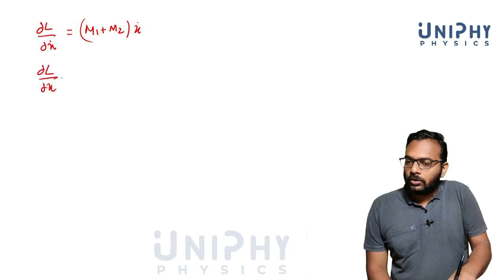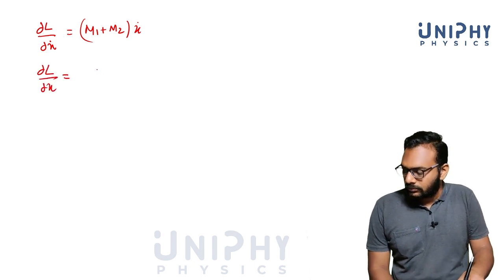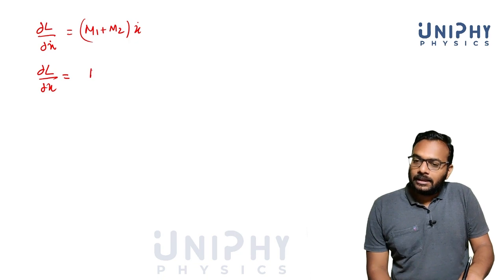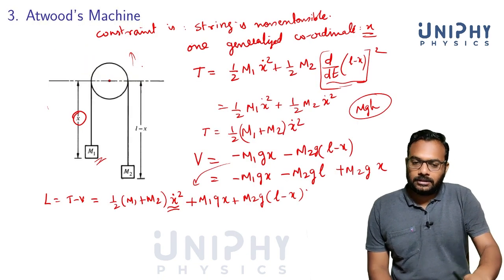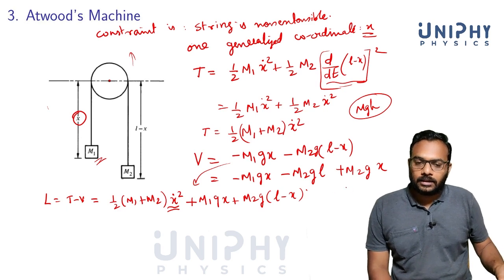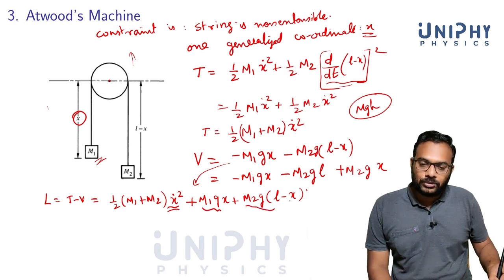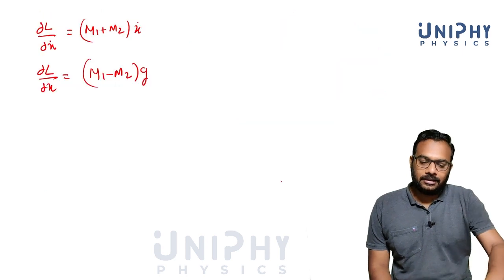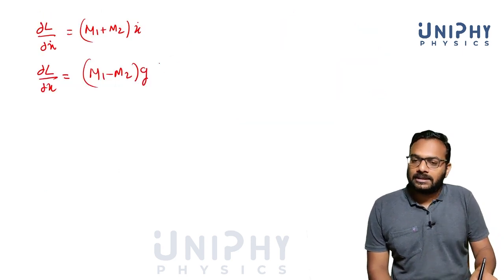It is (m1 minus m2) g. If you take the derivative dou L by dou x, you will have an m1 g from here and minus m2 g from here, because there is a minus sign here. That's why we have got (m1 minus m2) g.